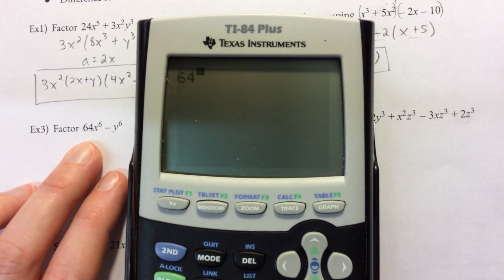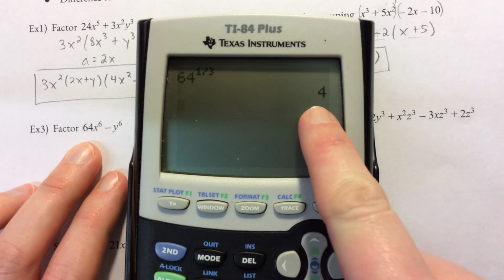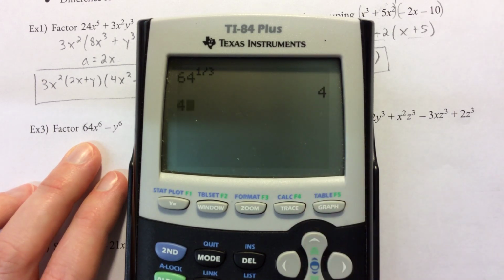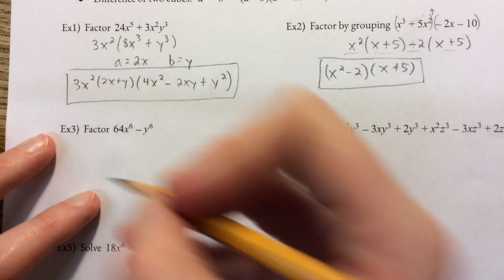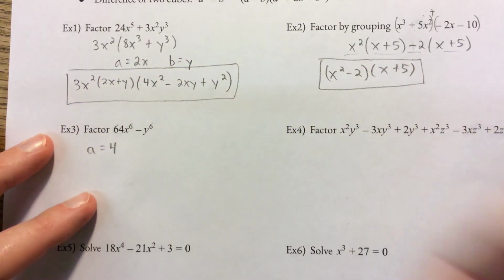So if I do 64 and raise it to the 1/3 power on my calculator, that gives me 4, which means 4 times 4 times 4 is equal to 64, or 4 cubed. So the cube root of 64 is going to be 4, so my a value is going to be 4.